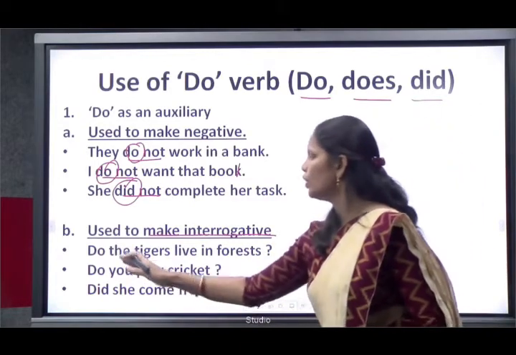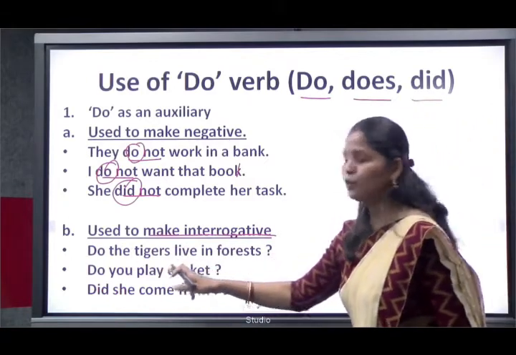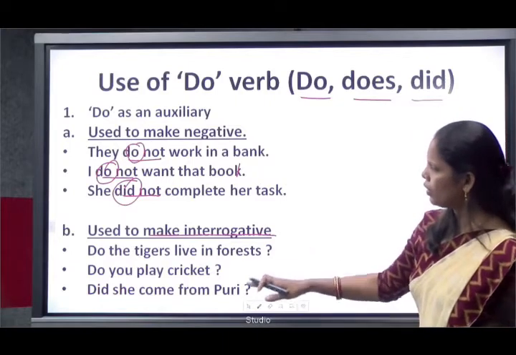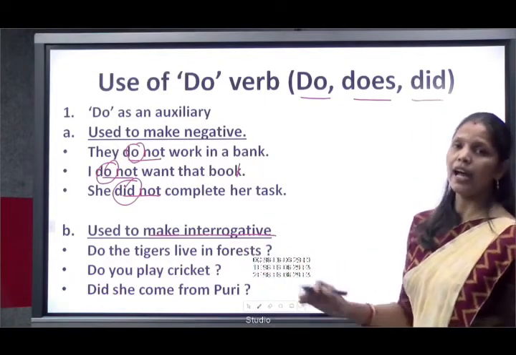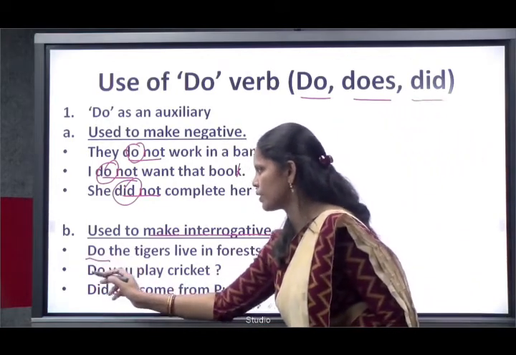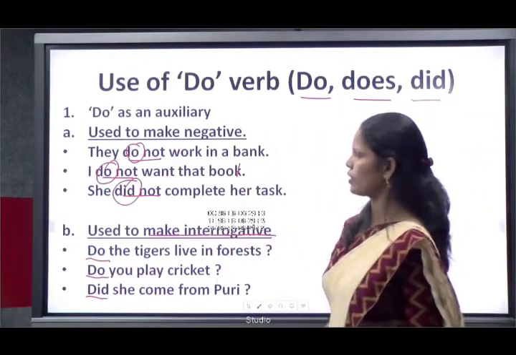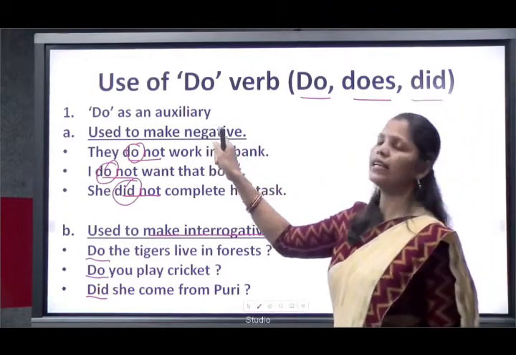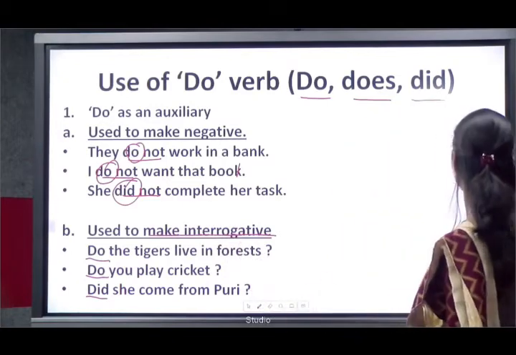The examples: Do the tigers live in forests? Do you play cricket? Did she come from Puri? All those sentences are interrogative sentences, and to make them interrogative we use the do auxiliaries, do and did. So we can use the do auxiliary to make the sentence negative and to make the sentence interrogative.